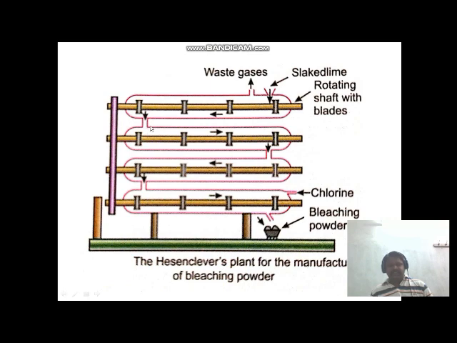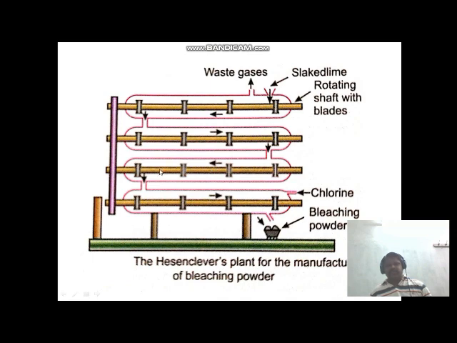In that second cylinder it falls on that shaft, which is also in rotatory motion. So automatically it falls down, and here an opening end is present. Through that opening end it enters another cylinder and falls on the shaft.